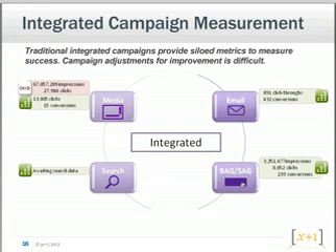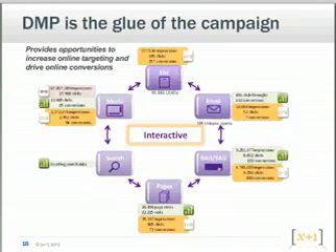Then with the data management platform underlying all of this, it both changed the execution of the campaign and also changed the measurement of the campaign. What you see here is that we've added 2 new channels. The lists channel on the top is offline customer lists that FedEx is able to import and then serve impressions against.